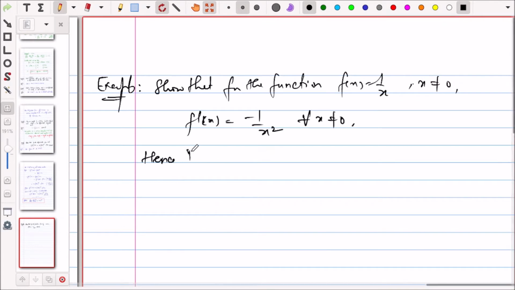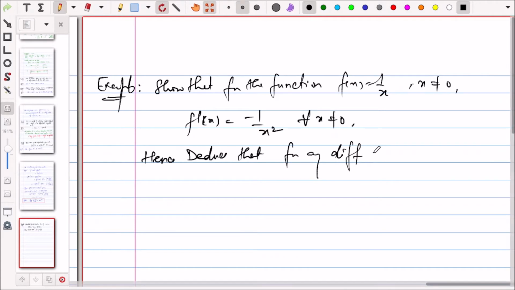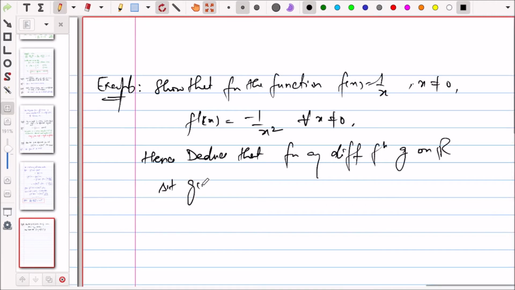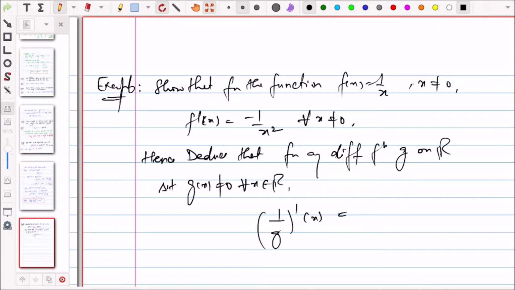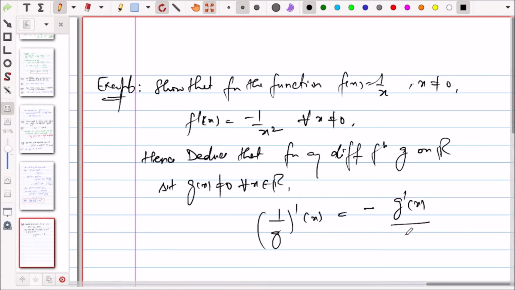Hence deduce that for any differentiable function g on R such that g x is not equal to 0 for every x in R, 1 by g dash x is equal to क्या होना चाहिए, minus of g dash x upon g x square. ठीक है, this is what we have to show.